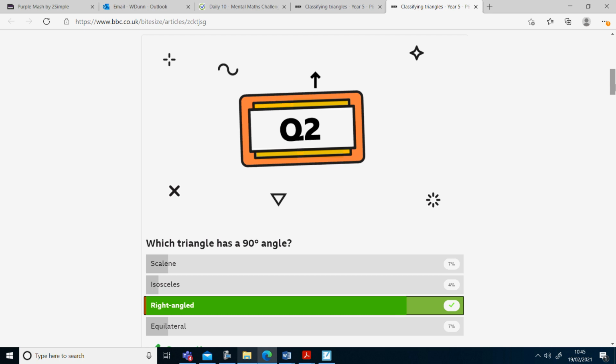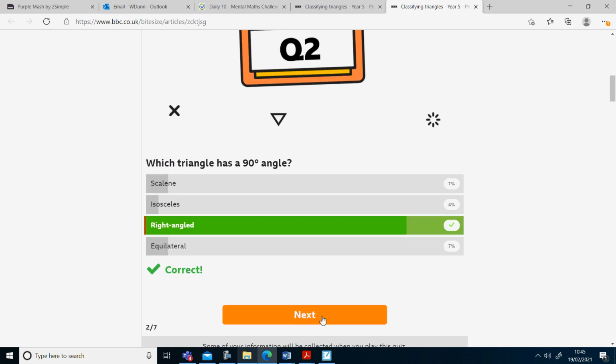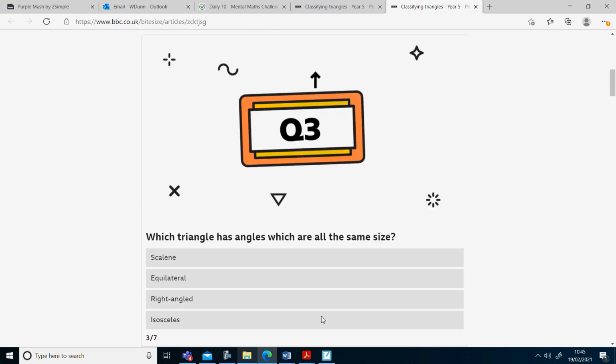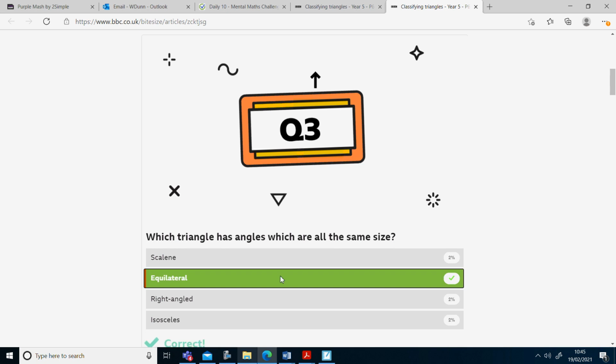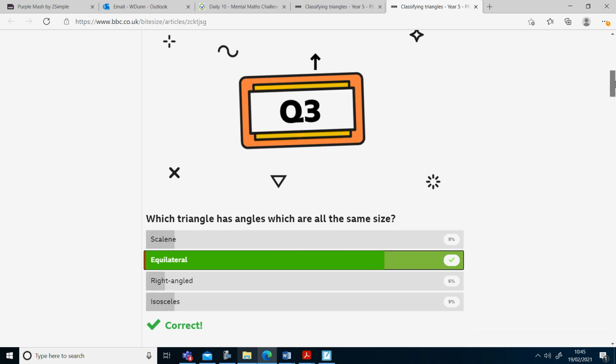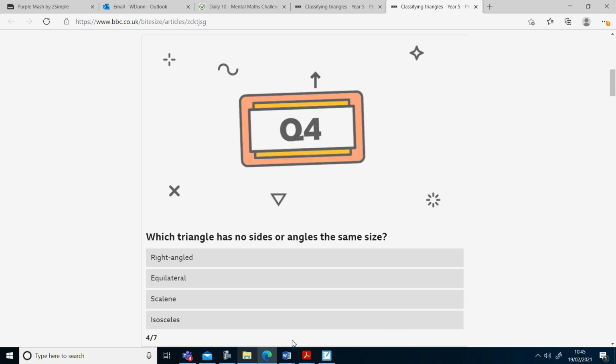Well done, children, it's the right-angled triangle. Which triangle has angles which are all the same size? Remember that word, equal, all the same. And yes, it is the equilateral triangle. Well done if you got that correct.